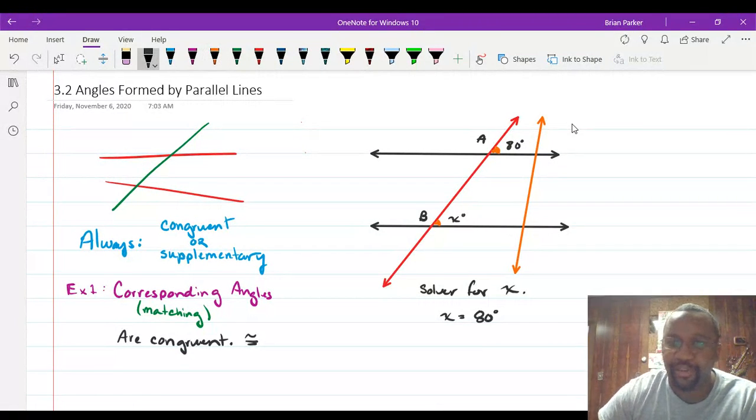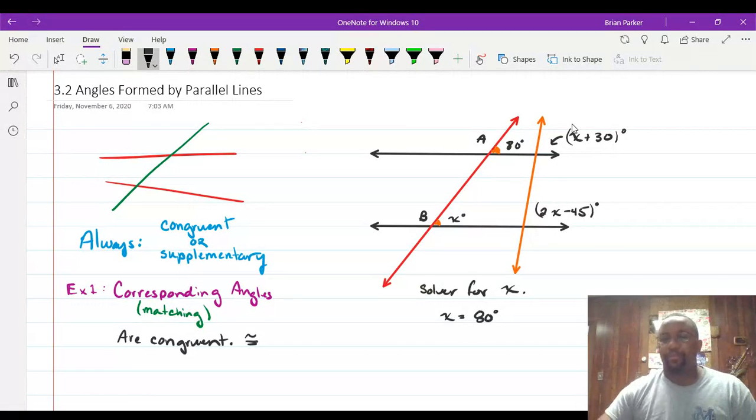This angle here is 2x minus 45 degrees, and this angle here, I'll draw an arrow to it, is x plus 30 degrees. Now they want us to solve for x.